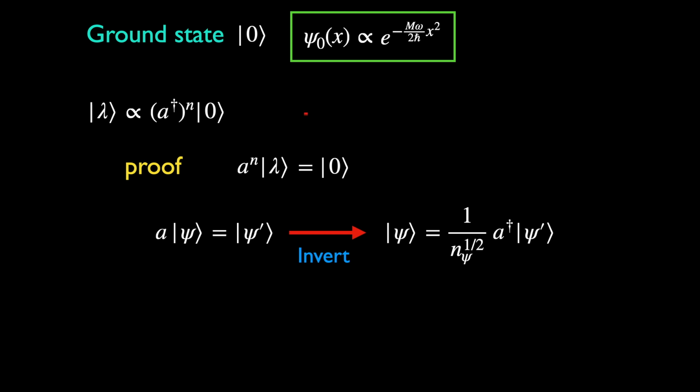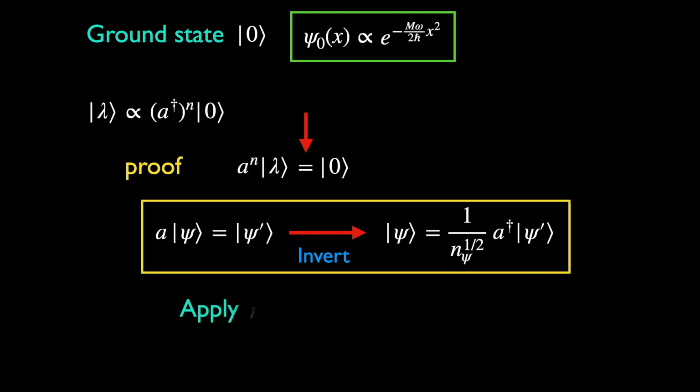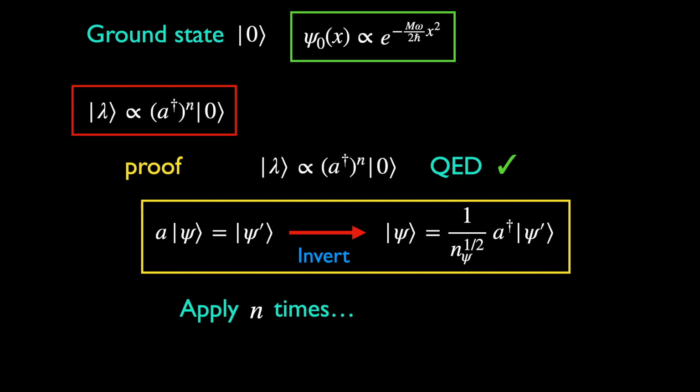We can invert this equation to express the state lambda in terms of the ground state by applying the inversion in the yellow box n times. Thus, we have proved that any eigenstate of the number operator can be reached by applying the raising operator on the unique ground state for some number of times.